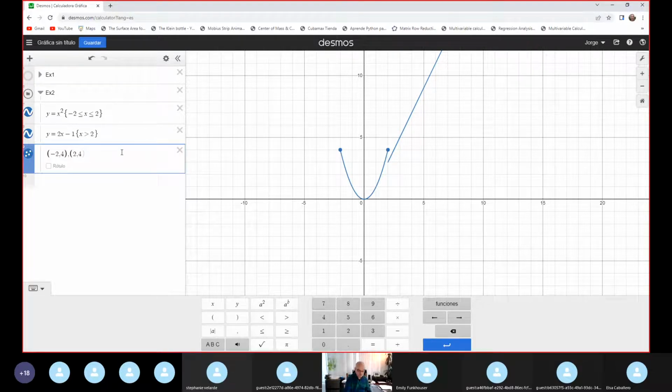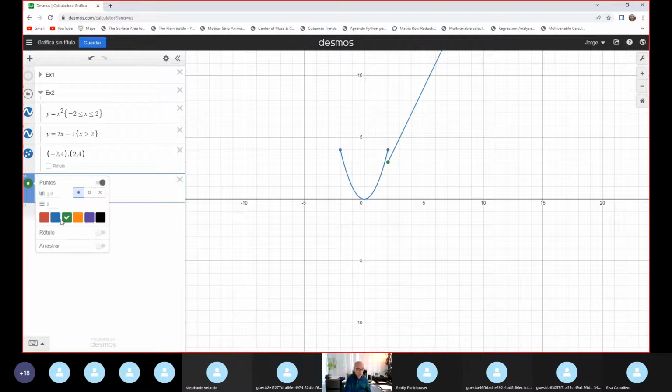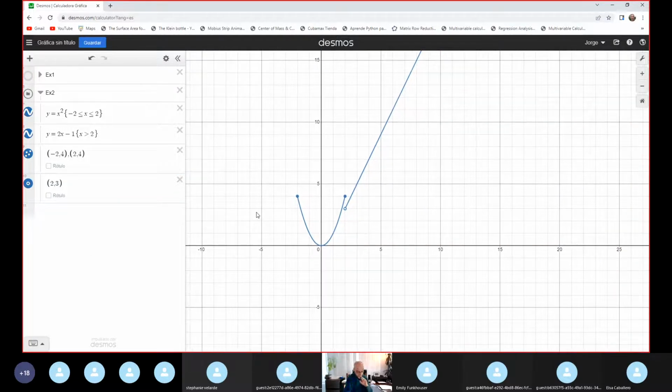However, in another row, we plot another category, the point that is open, which by the way is the point (2,3). Let me show you. (2,3). Again, same color blue, but the style is different. It's open. Boom. This is my final answer. Beautiful.